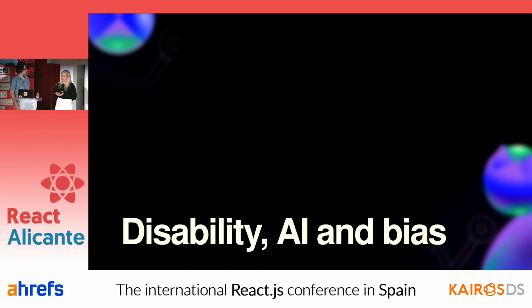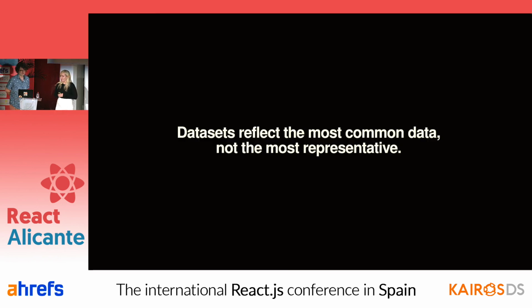So the theory here is that we think that people who program AI and develop those data sets are probably unconsciously biased. So we don't think that it's evil developers who could make biased AI tools. The takeaway here is that AI is based on data sets, and the data sets reflect the most representative data.